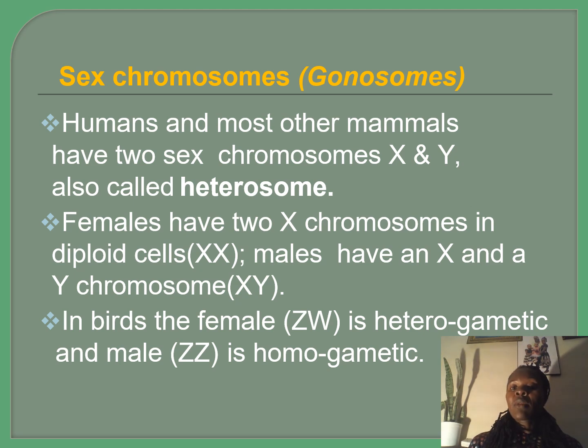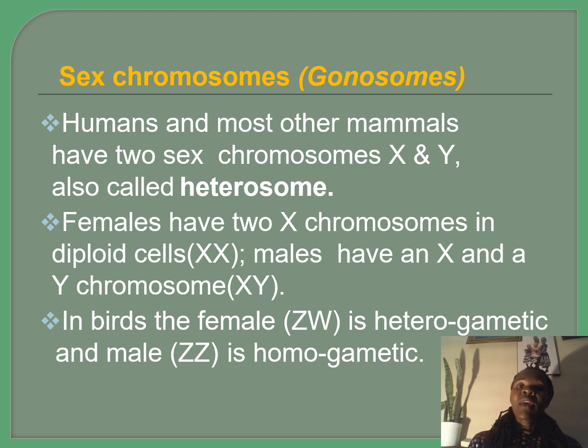Humans and most other mammals have two sex chromosomes, X and Y, also known as heterosomes. It is heterosome when it appears as XY, so it is heterogametic. But when it is XX, like females, you talk about homogametic.